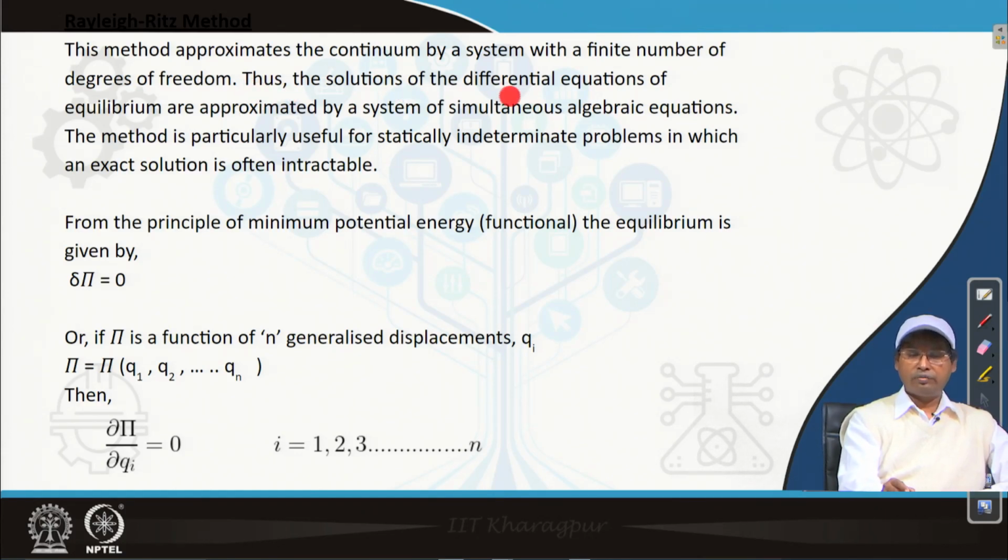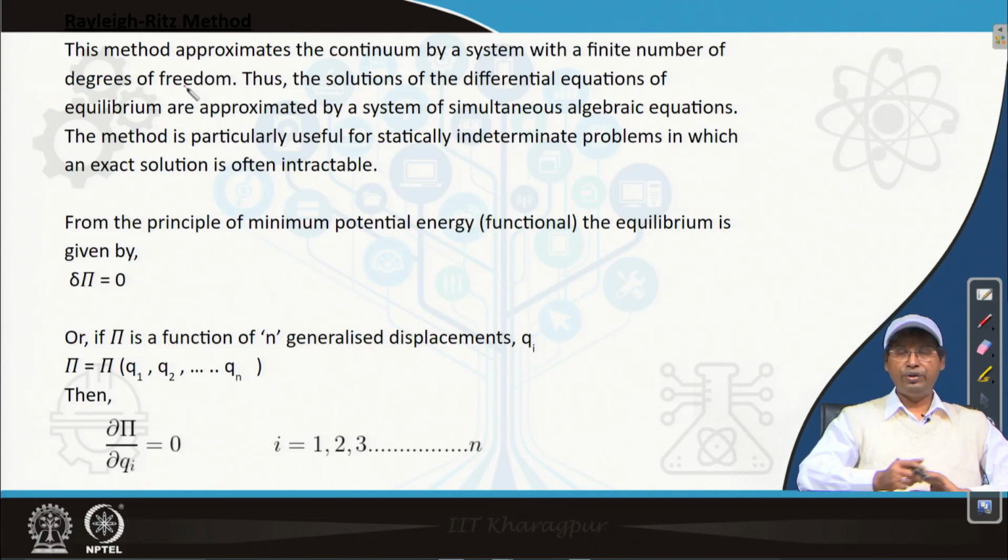Thus, the solution of the differential equations of equilibrium is approximated by a system of simultaneous algebraic equations. As I was discussing, these degrees of freedom may be many, or repeated for considering small parts, but though it is repetition, for different boundary conditions it will give different values, and definitely it will be easier to get simultaneous algebraic equations.